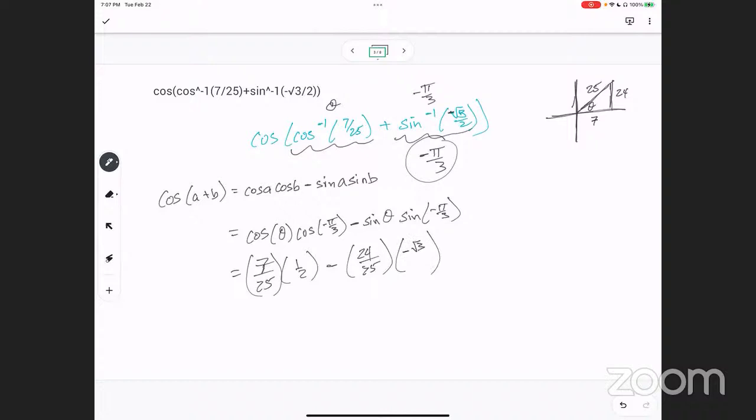Negative root 3 over 2. Perfect. So now just do the math. This is 7/50 plus 24 root 3 over 50, which is 7 plus 24 root 3 over 50. Good? Yeah. Okay, all right.